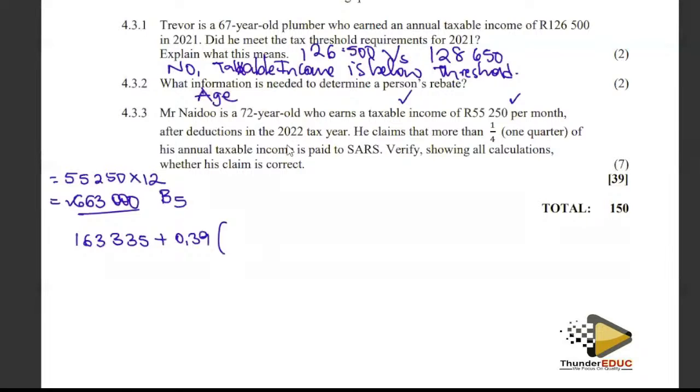So we say taxable income. Please put this in a calculator. Put it the way it is. Put it in your calculator and see what you get.